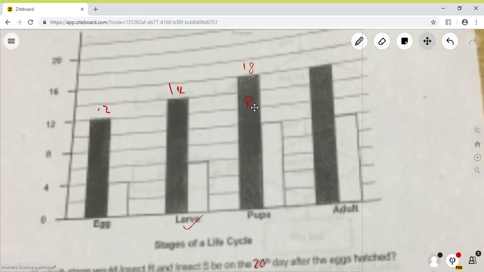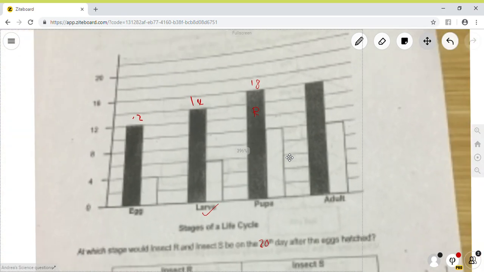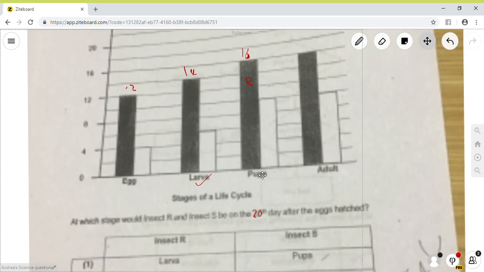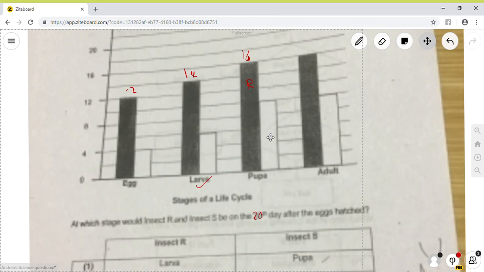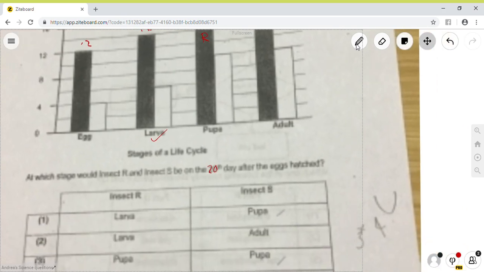Do you know why R is here on the 20th day? This one is 16. Doesn't matter, R is still here. Do you know why? Don't know. Okay, so you see the question is after the eggs hatch.